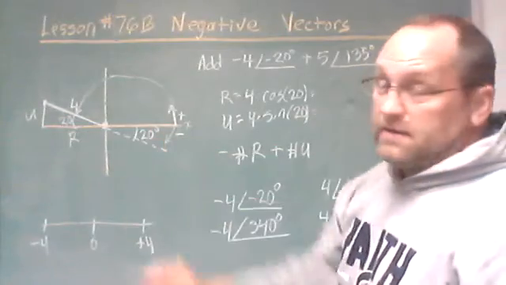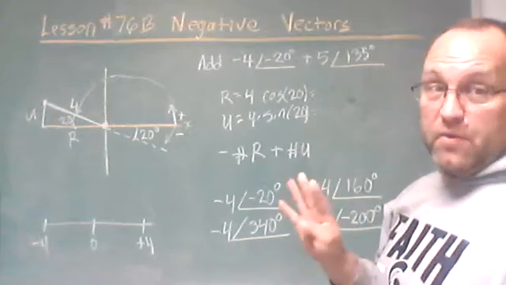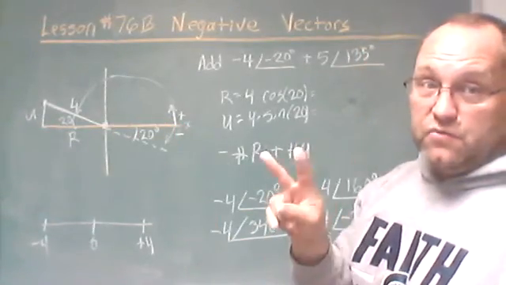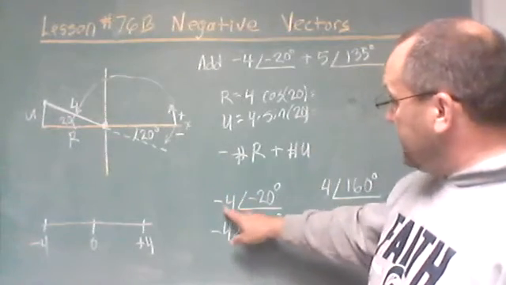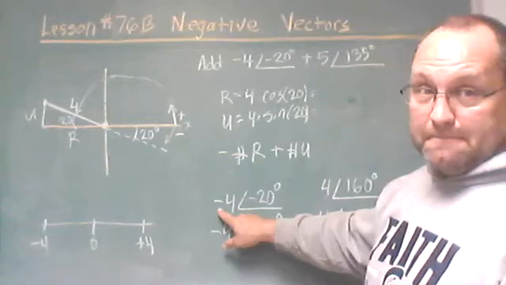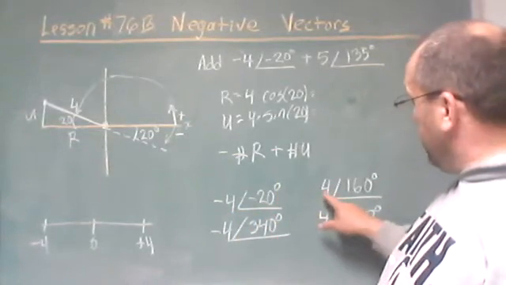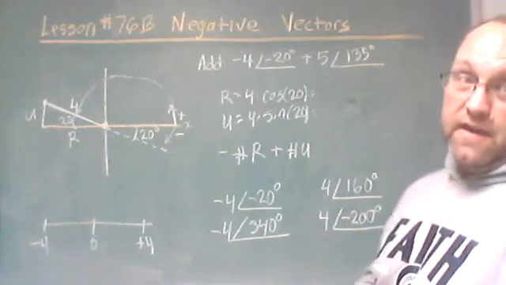So we notice in polar coordinates, we have 4 separate ways we can express the same vector. Last lesson we said we had 2 ways. We actually have 4 ways. We can plot the negative distance with either a positive or negative angle, or we can plot the positive distance with a positive or negative angle.